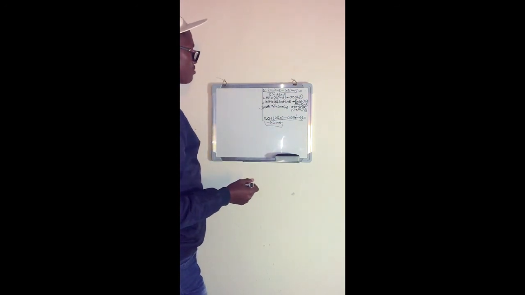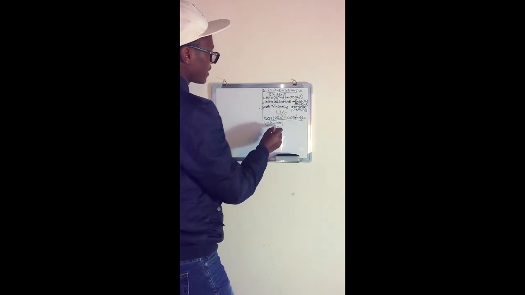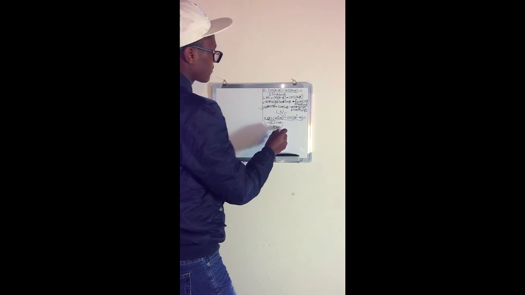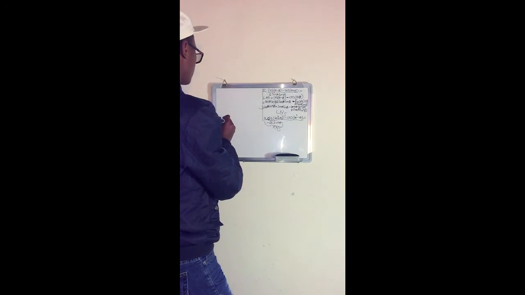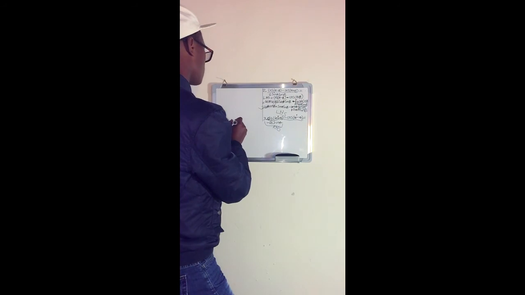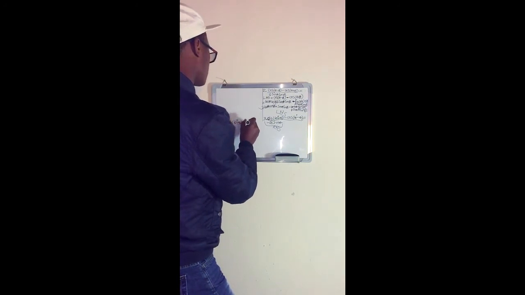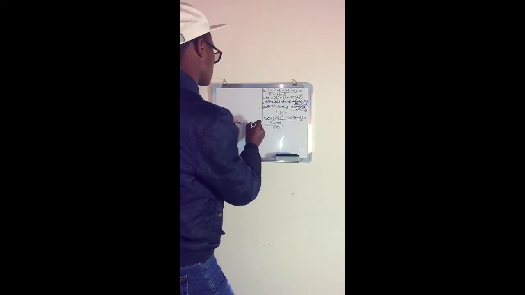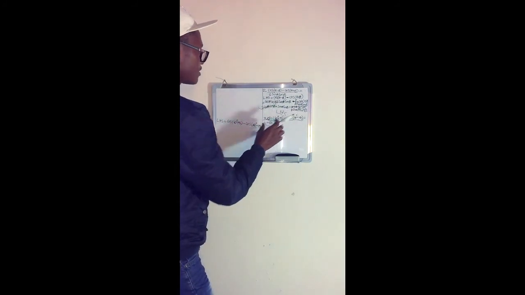So we're going to choose the left hand side to prove the right hand side. So our left hand side, I'm going to write it here, is the same as cos of 60 plus theta minus cos of 60 minus theta.